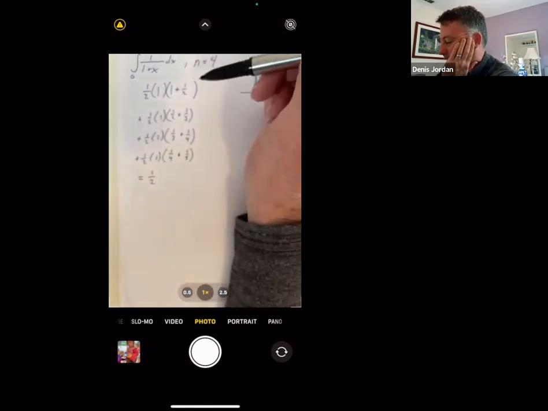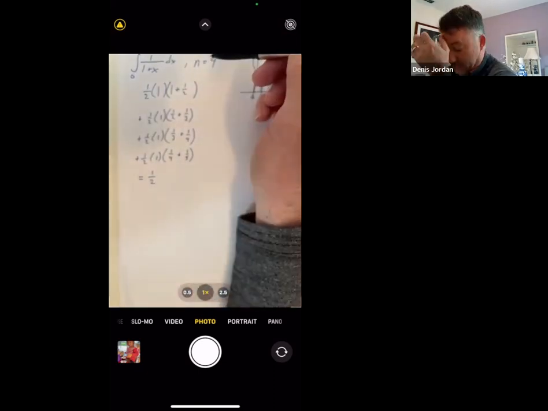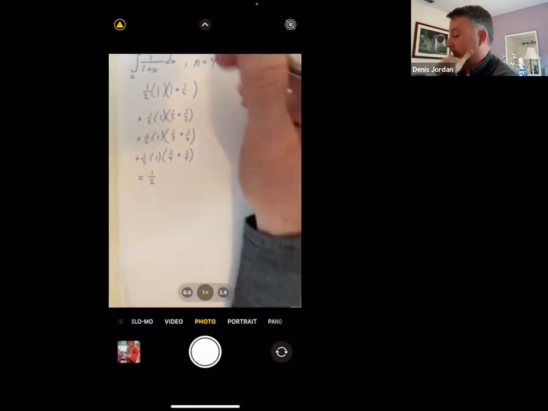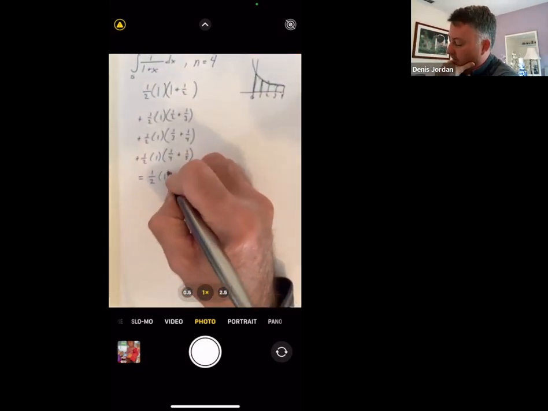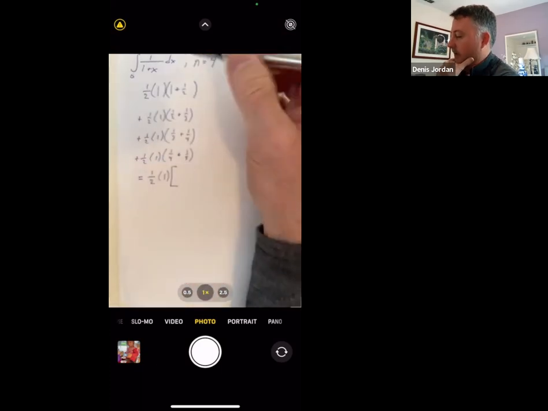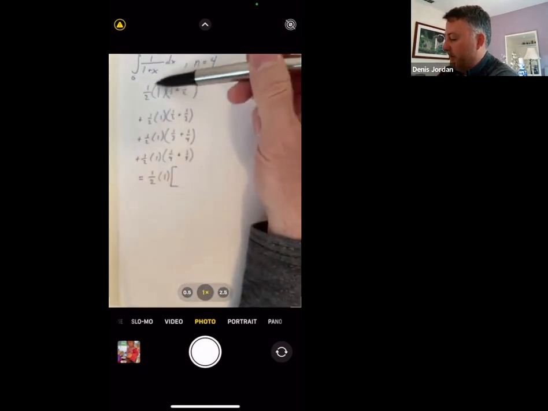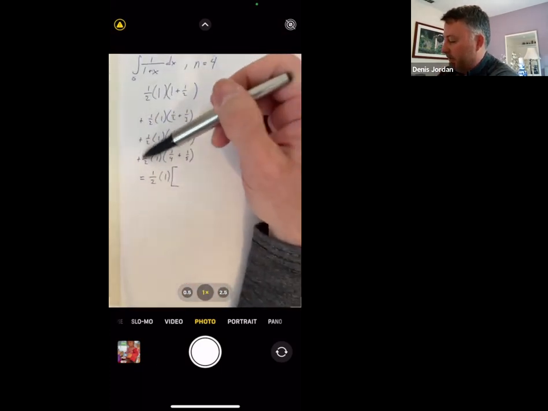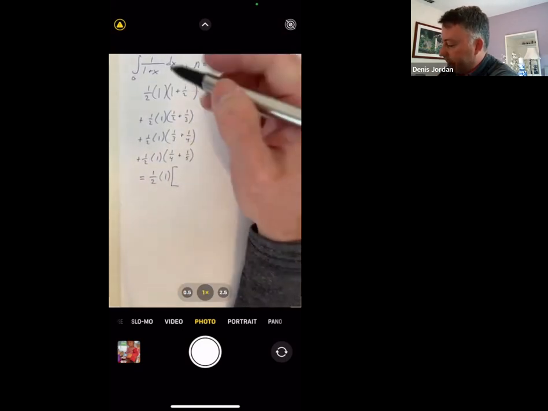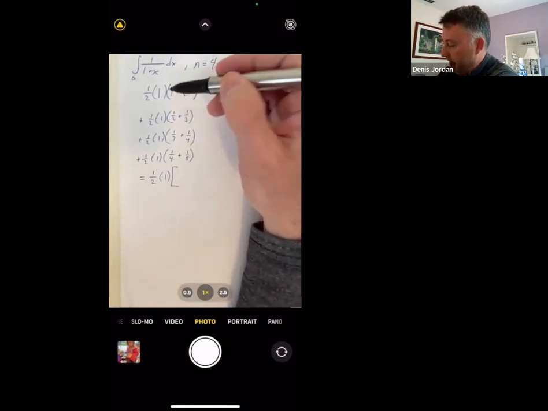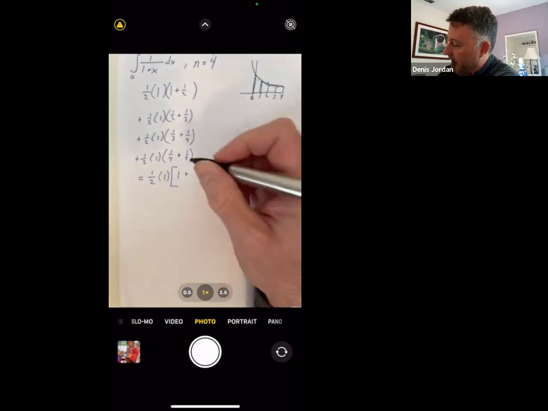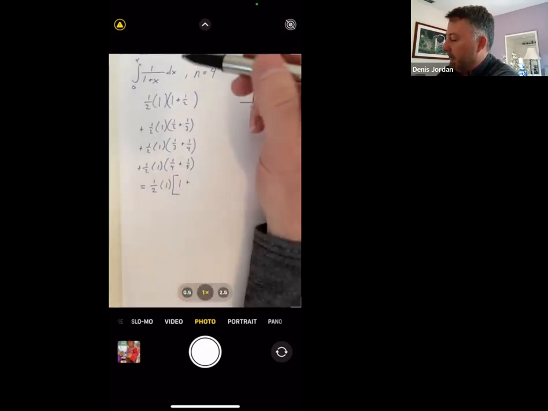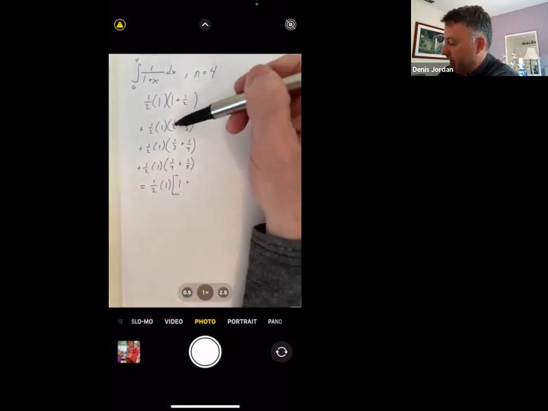Because if you look at all these, like the 1/2 and the 1, that's in every single quantity. So if you pulled it out, here's your f of 0. And then you have 2 f of 1s, right?